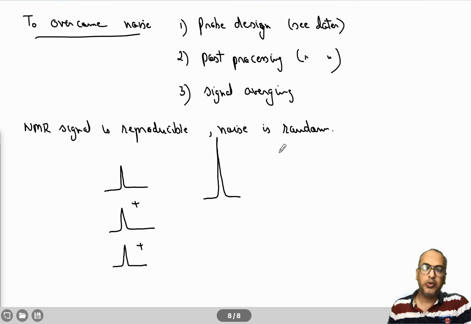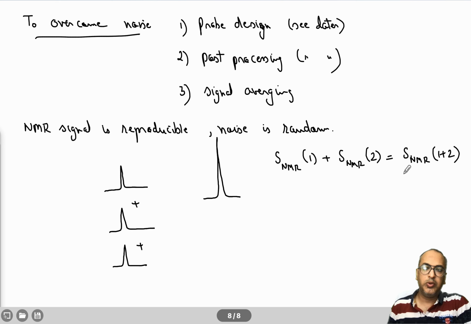Mathematically, let's say I do the experiment once, then I record the signal again in a second experiment. This is once, this is twice. Then over 2 experiments, the overall signal is the summation of the signals. Although the technique is called signal averaging, essentially it is the addition of the signals.